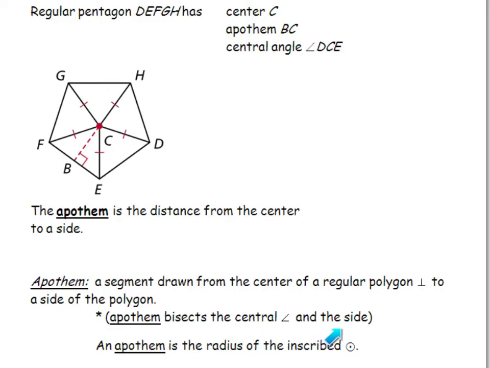So it's going to make 2 congruent angles from my central angle. That's very, very important. And also, if you were to draw a circle on the inside of this polygon, which I'm going to try to do, and that's not half bad, the apothem would actually be the radius of the inscribed circle.